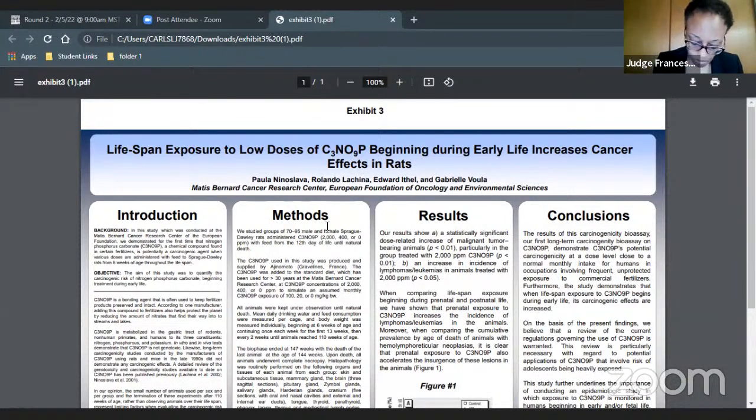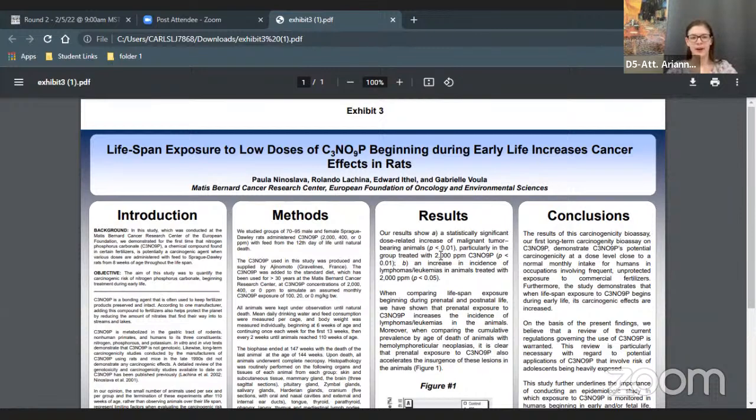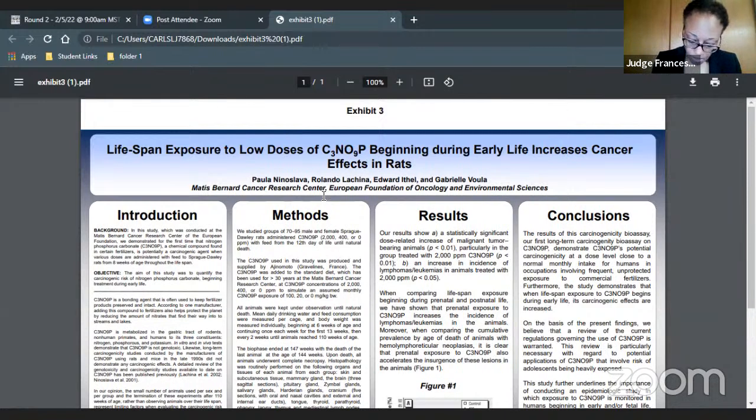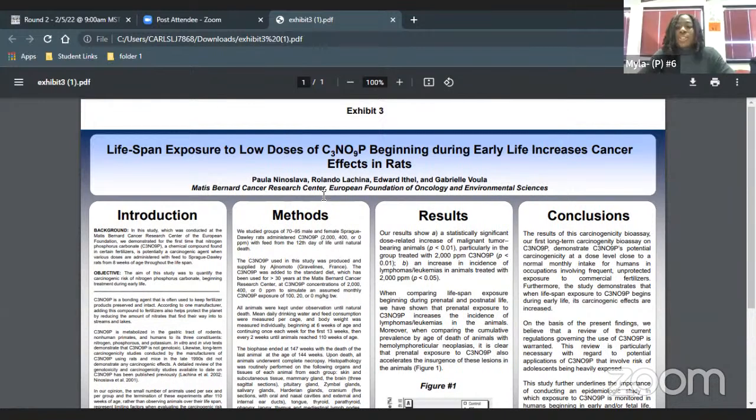Any objection? Yes, Your Honor. Because there is a lack of foundation. Response? Yes, Your Honor. This lays a foundation for the study that Carson Durst did and the conclusions that came on the effect in rats.